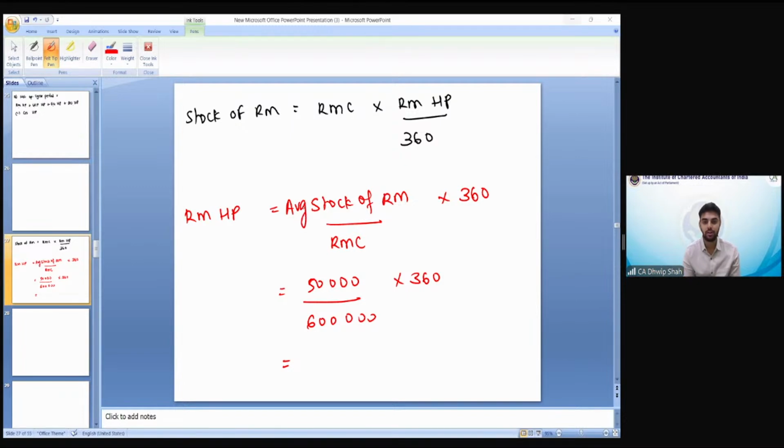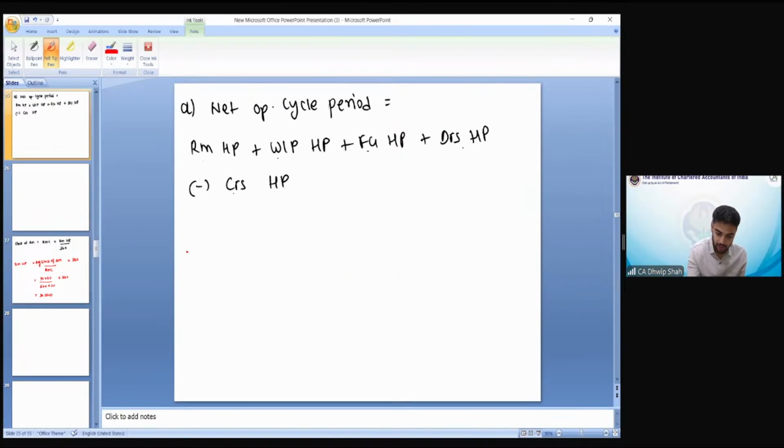Why 360? Because question has specifically mentioned that take 360 days in a year. 30 days आ गया. So here my RM holding period comes to 30 days. Likewise, let's calculate WIP holding period.